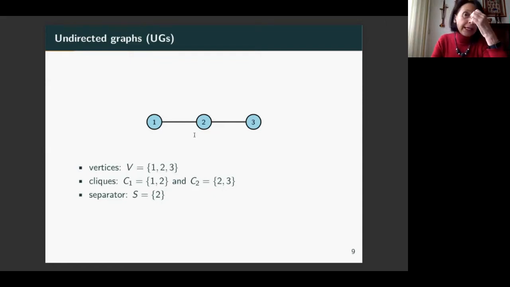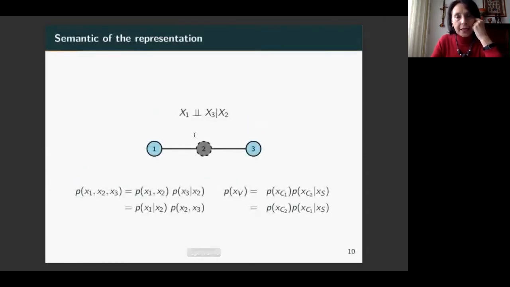Now, how do we read conditional independence off these graphs? Conditional independence is essentially related to the idea of blocking. Here, if we consider our running conditional independence, we can see that 2 blocks all paths between 1 and 3. So there is no way of traveling from 1 to 3 without passing through 2.